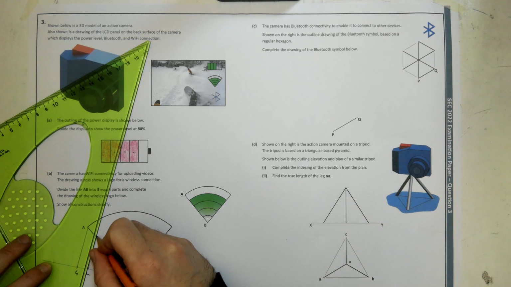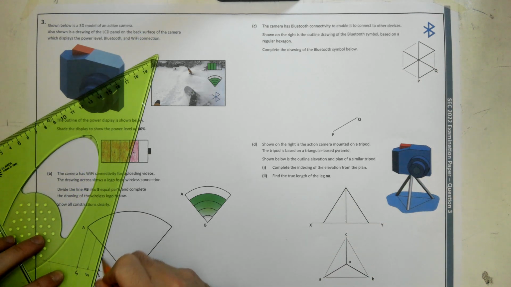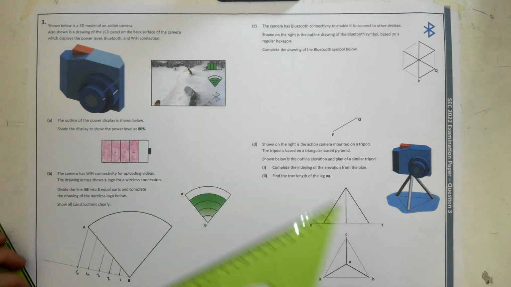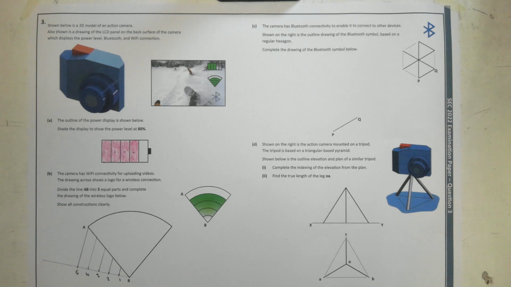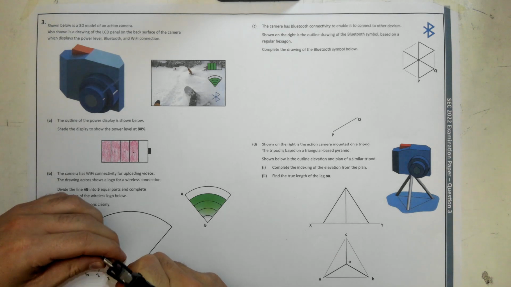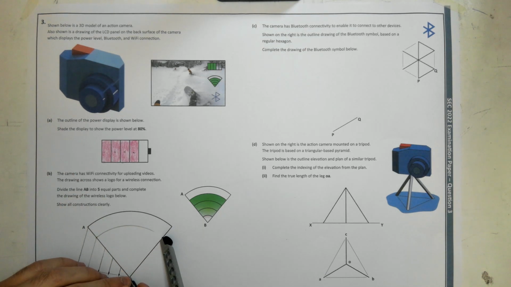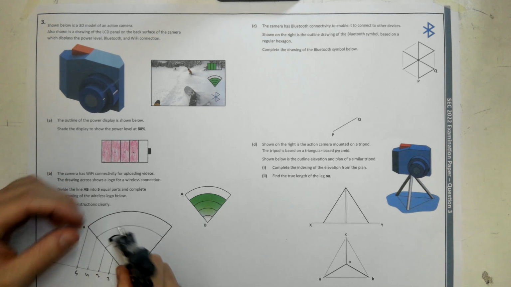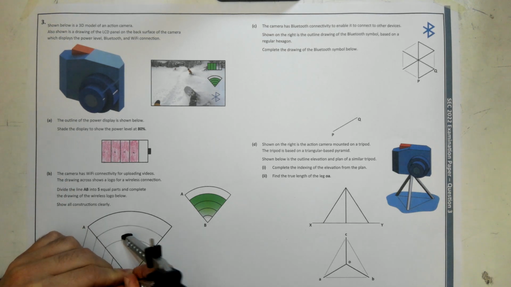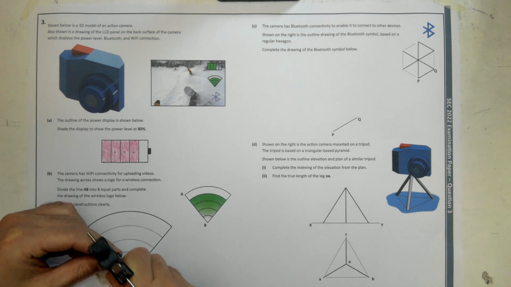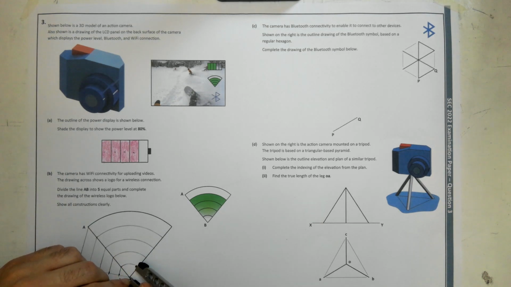So I'm going parallel there at 4, 3, 2 and 1. All to do then is take the radius of each one around. Like that there.